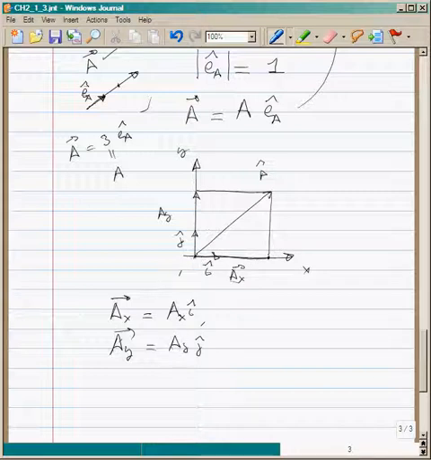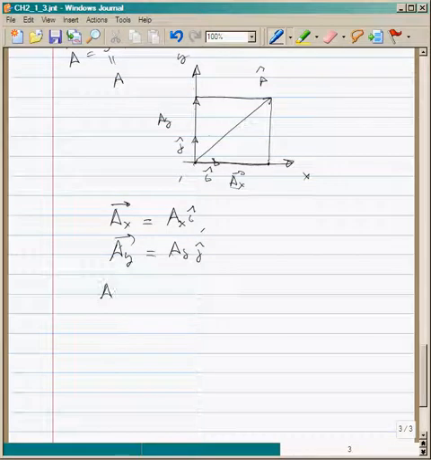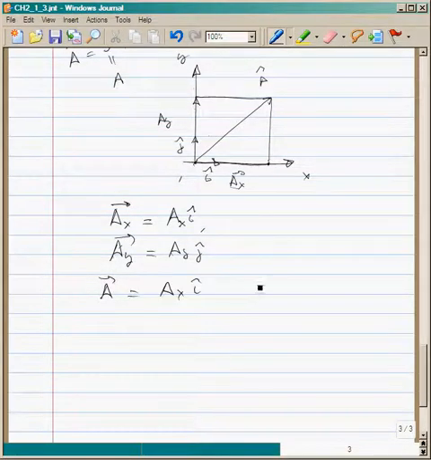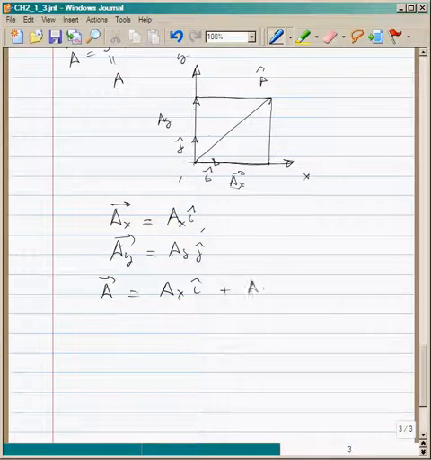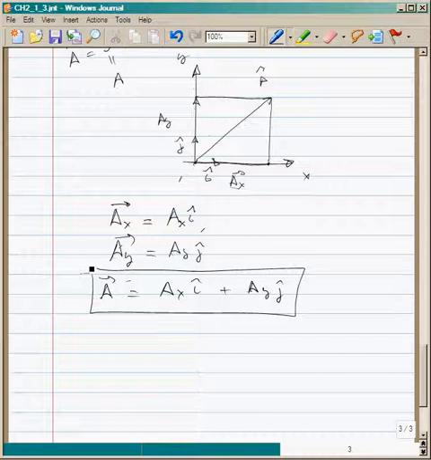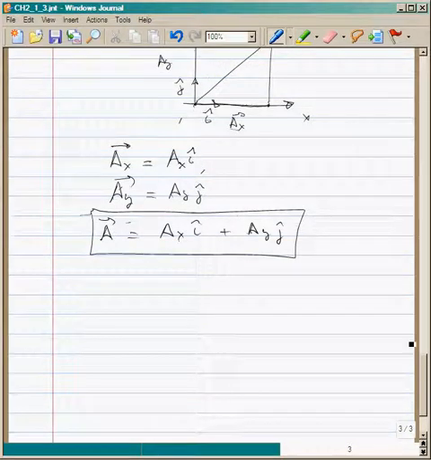Magnitude AY is the distance from here to here. Therefore, you can rewrite your vector A as AX i plus AY j. That's the standard way of writing vectors in component notation.